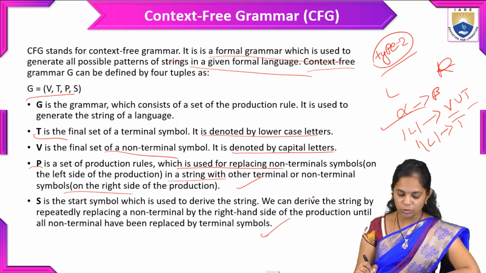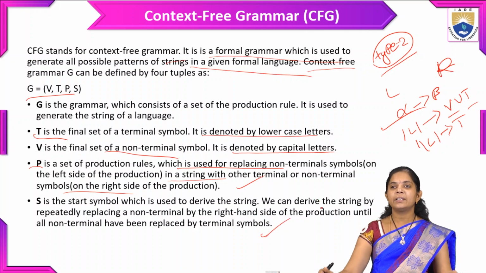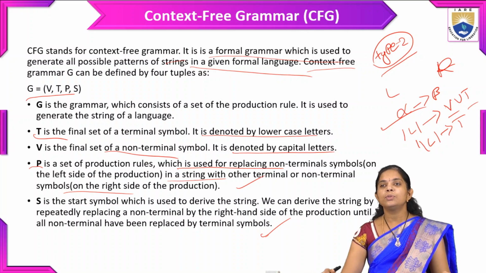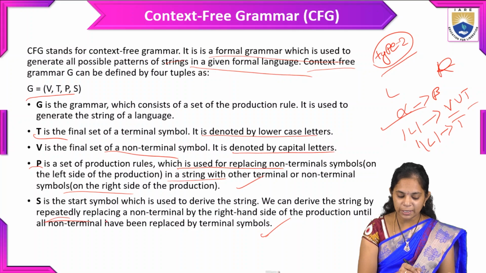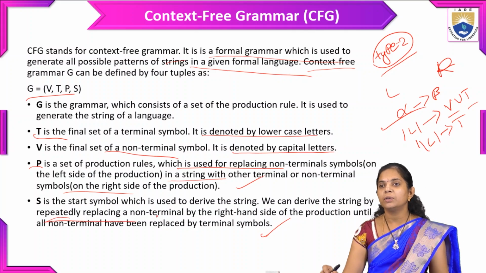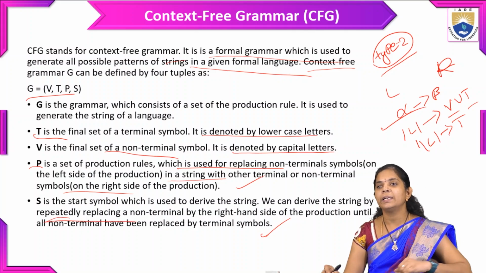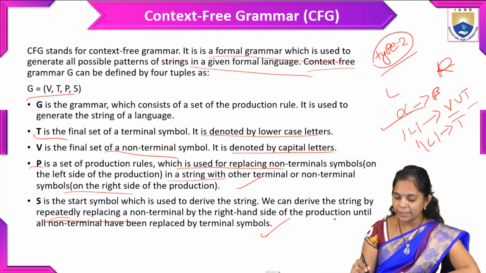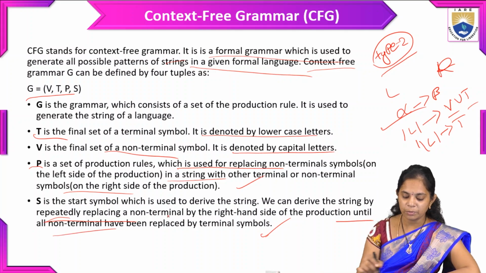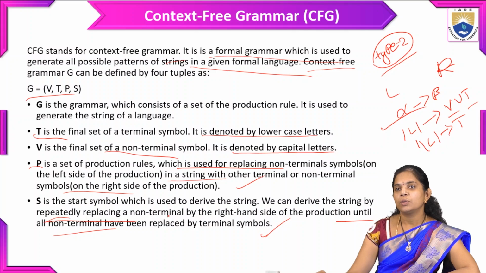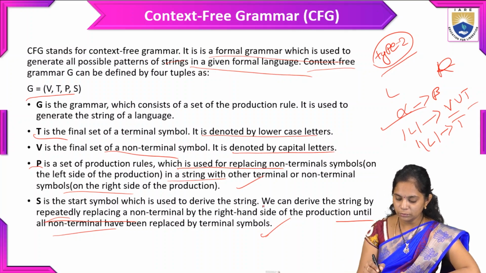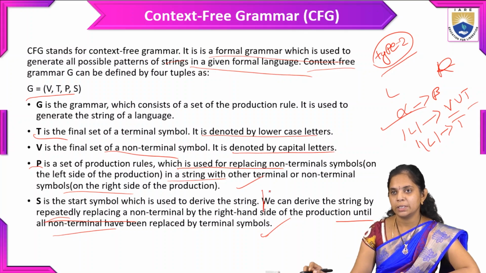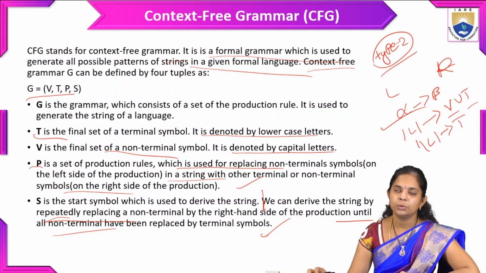And coming to S, S is the start symbol which is used to derive the string. We can derive the string by repeatedly replacing the non-terminals by the right hand side of the production until all non-terminals have been replaced. So here we are using the start symbol. How are we going to use this 4 tuple?